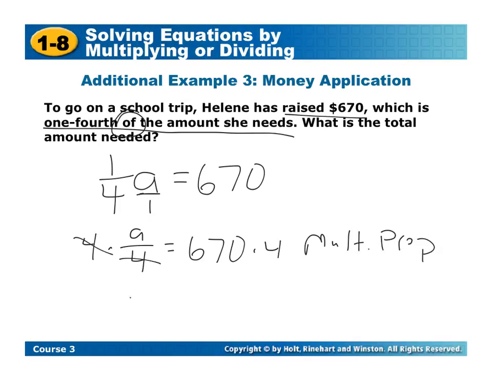Those 4's cancel out, so A is going to equal 670 times 4, which is 2,680. And because we're talking about a word problem, we're talking money, so $2,680.